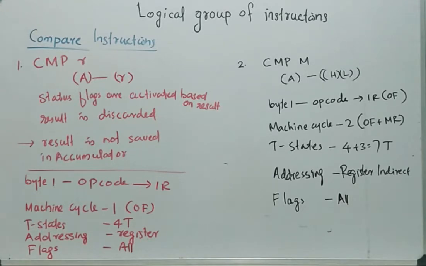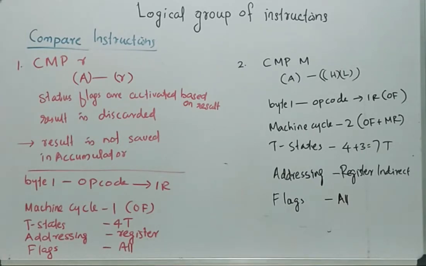But in the case of the compare instruction, the same operation is done: the content of the specified register or memory location, or the data directly given in the instruction, is subtracted from the content of the accumulator, but the result is discarded. That means the result is not saved in the accumulator.